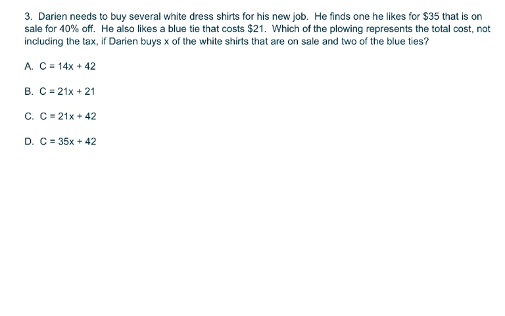All right, so Darien, since it's 40% off, he's paying 60%. So we could say 100 minus 40 equals 60%. So he's paying 60% of $35. All right, or you can write it, if you put this in the calculator, it's 60% of 35.